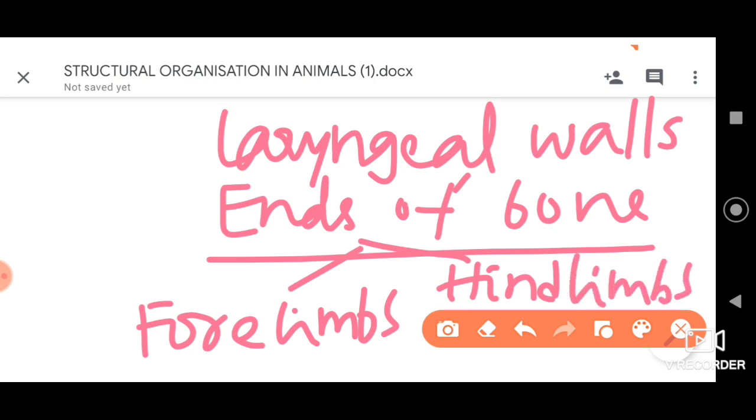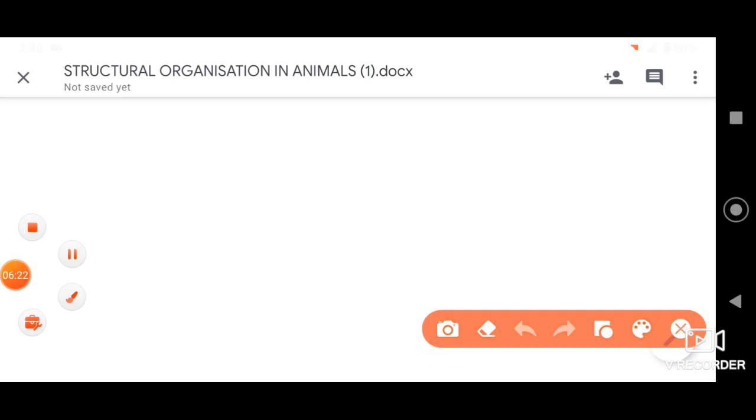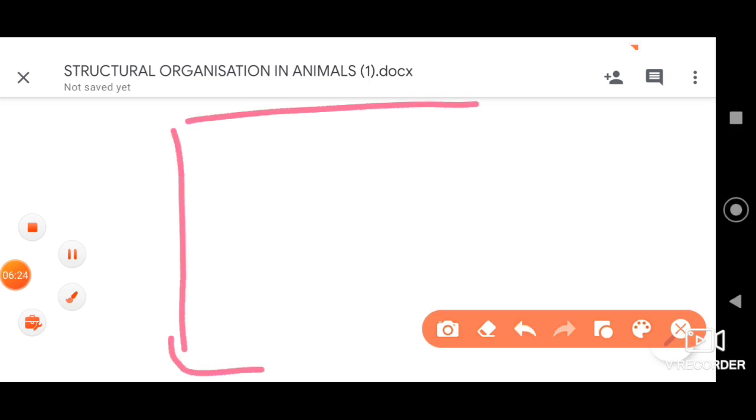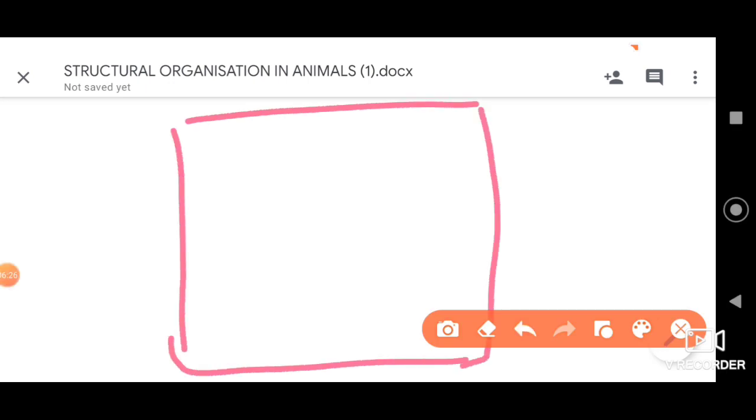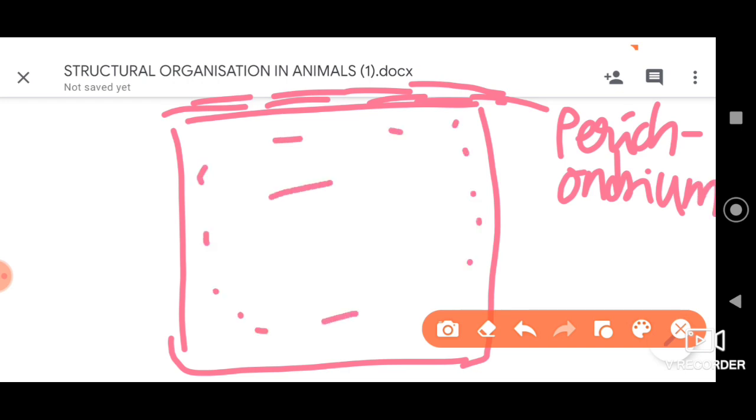Now let me tell you a few important aspects about hyaline cartilage. At the top of the matrix there is a covering called the perichondrium. This is the first aspect. Secondly, the matrix has fibers in it, and lacunae are present.